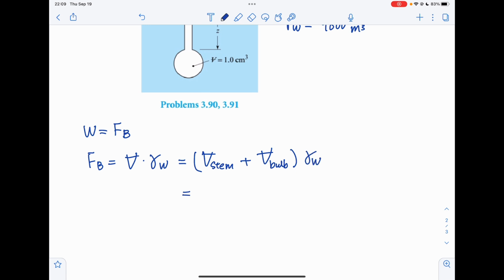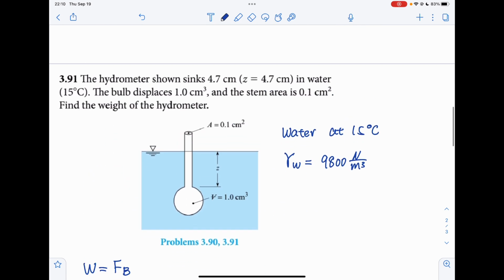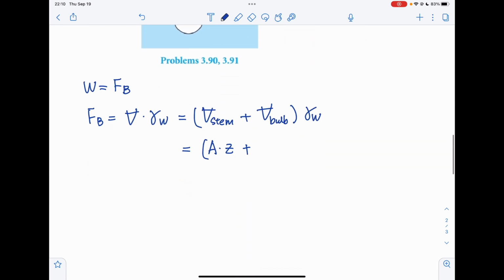So for the stem, we have the area times the Z, which gives us the volume of the stem, and for the bulb, we already have it, which is 1.0 cubic centimeter, times gamma water.